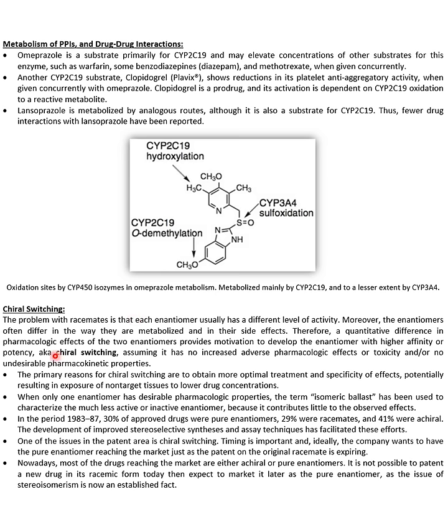Okay, next let's talk about what's called chiral switching. You probably have seen some cases in the past where you would have a drug that is a racemic mixture of two isomers, and then we would exclude one of them because it's inactive and keep the other one because it's the active form, and this process is called chiral switching.